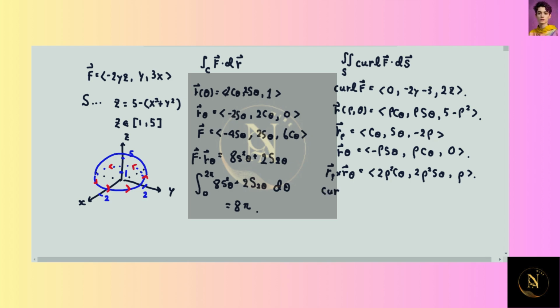All right, curl F, I am going to rewrite it in terms of ρ and θ. 0 is 0. y is ρ sin θ, so you will get -2ρ sin θ - 3. And z is 5 - ρ², so you will get 10 - 2ρ². Now we're going to take the dot product of these things.